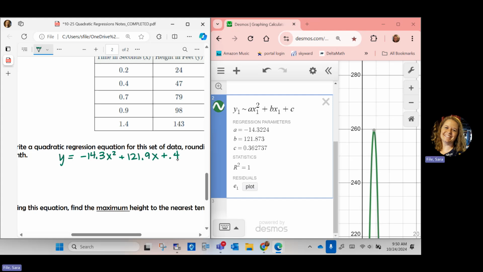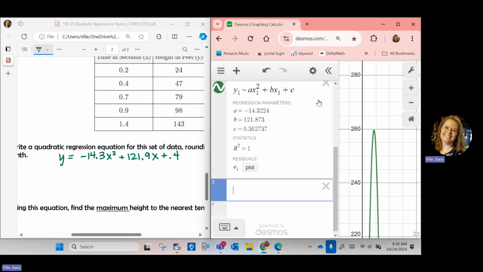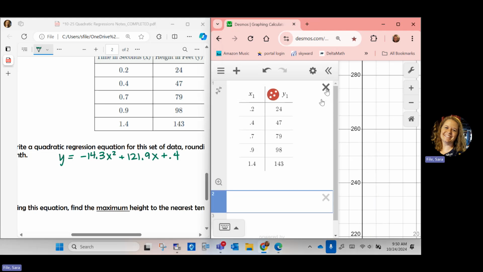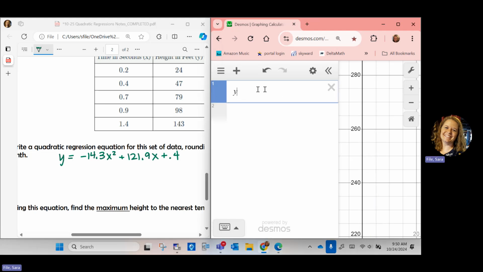Rounding everything to the 10th, that would be my equation. So I'm going to type that equation in here and get rid of all this. So y equals negative 14.3x squared plus 121.9x plus 0.4.